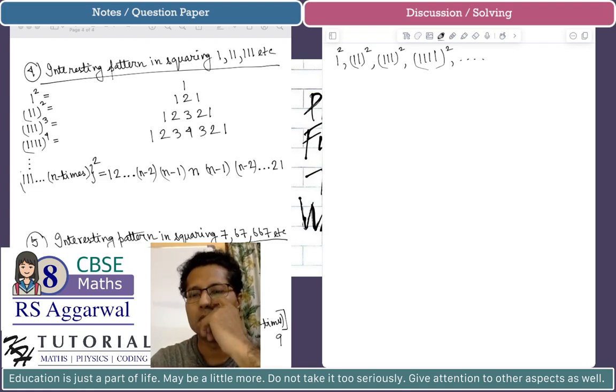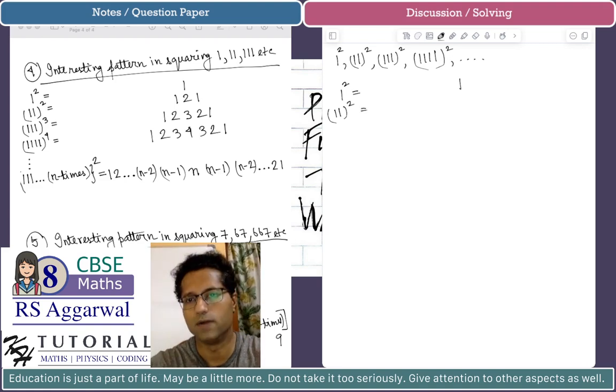So 1 square is 1. What is 11 square? We know it is 121. Now what is the pattern? In 11 we have 2 digits. So you start with 1, and then you keep on writing consecutive integers.